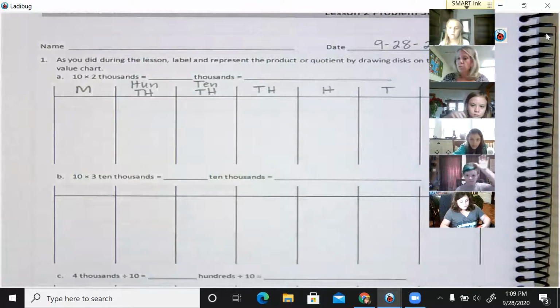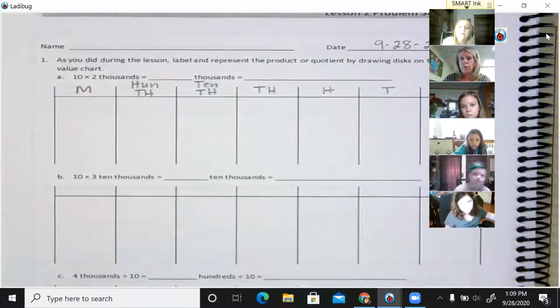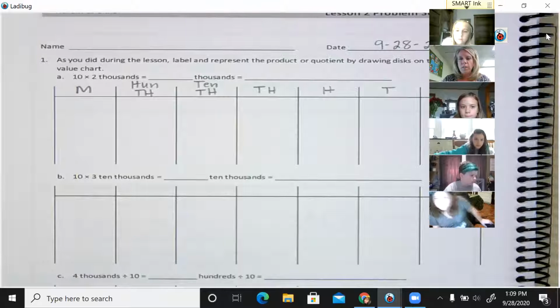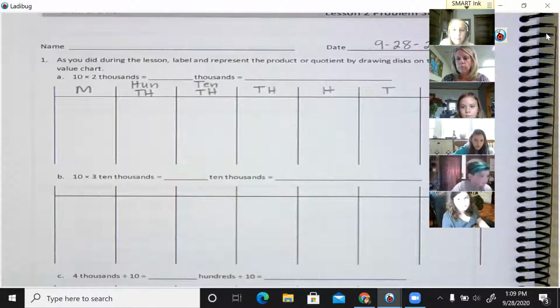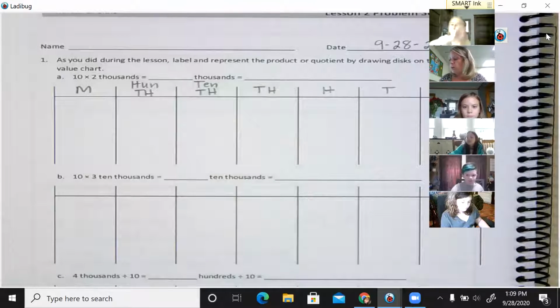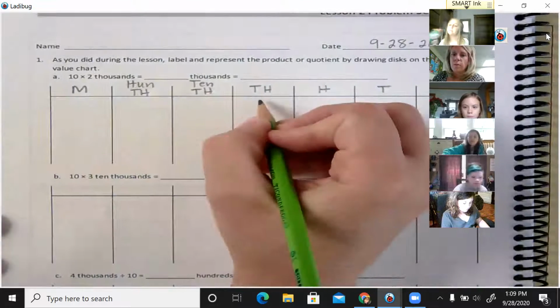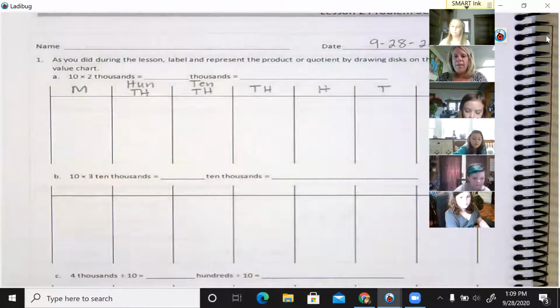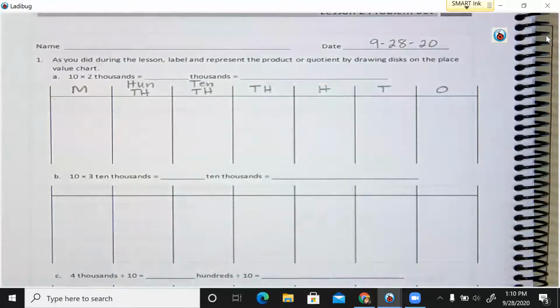Remember, I don't have my screen on. I can't see your faces, so if you know, just go ahead and tell me. Don't be shy, be brave. Anyone know where we can start? 2,000s. Very good. So we're going to go to the thousands place value. I think that sounded like Sophia's voice. Sophia, how many thousands do we have?